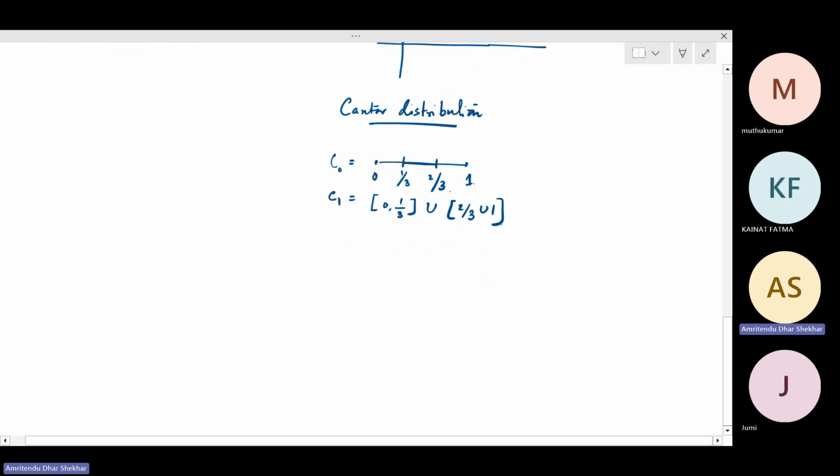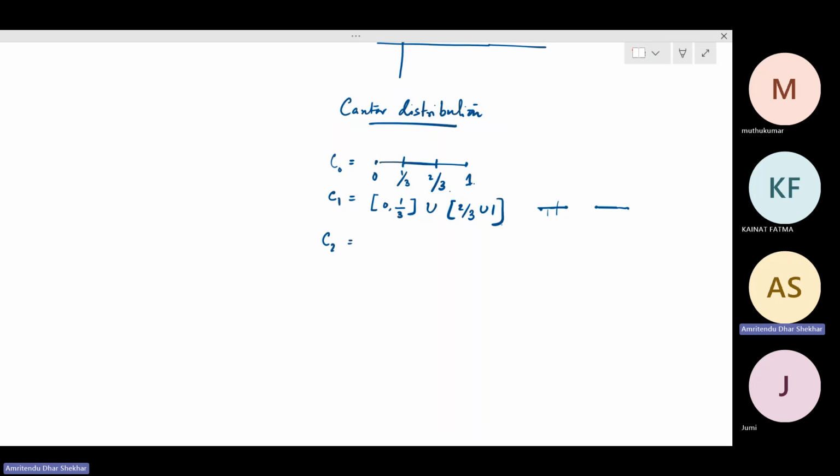Now C2. C1 looks like this. C2 is again obtained by removing the middle one-third portion of the two intervals.